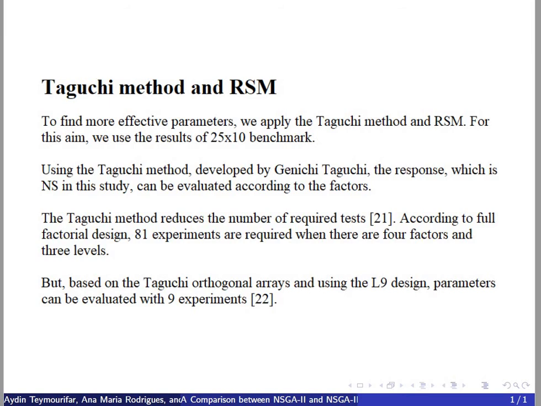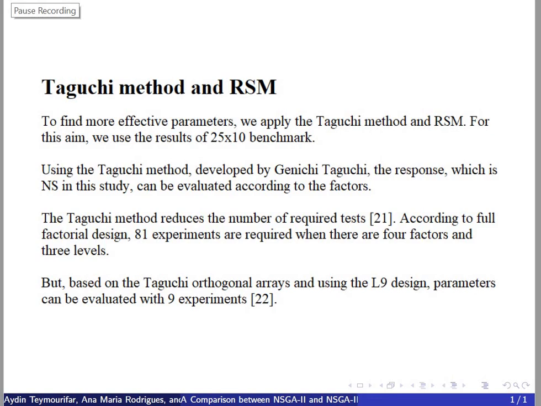According to a full factorial design, 81 experiments are required when there are 4 factors and 3 levels. It should be noted that now we have 4 factors, which are the parameters of the NSGA-II and NSGA-III algorithms. These parameters or factors are population size, number of iterations, crossover rate, and mutation rate.